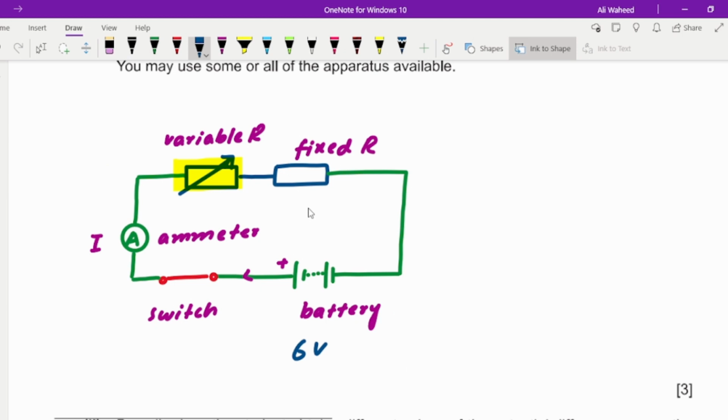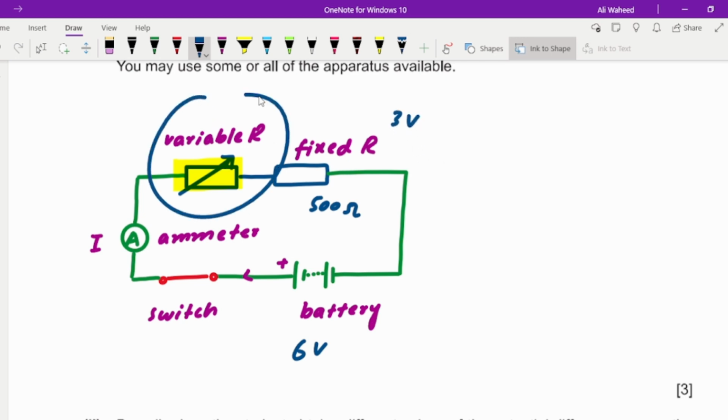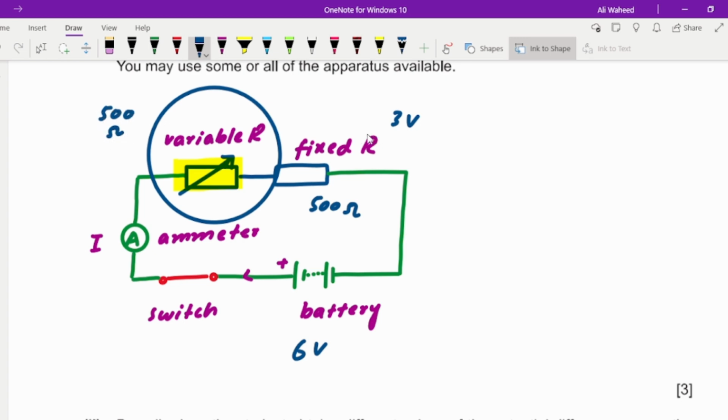Let's say the fixed resistance is 500 ohm, and I want 3 volts over here. Then I have to adjust the variable resistor so that its resistance is exactly the same, 500. Then I'll get an equal share of the voltage across the variable and the fixed resistor. The voltage would be divided equally.